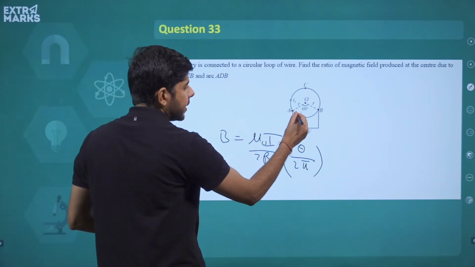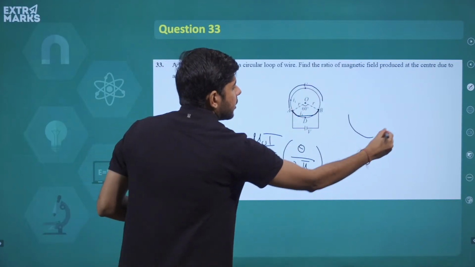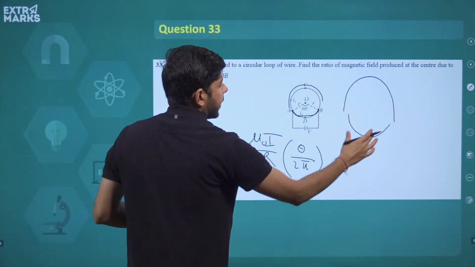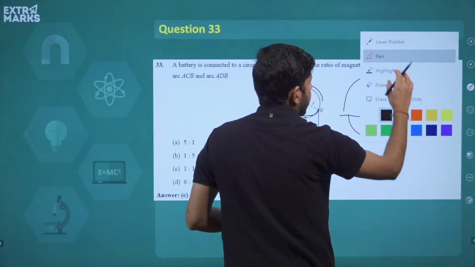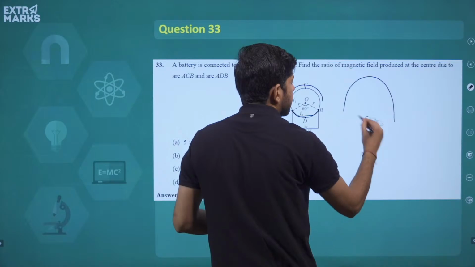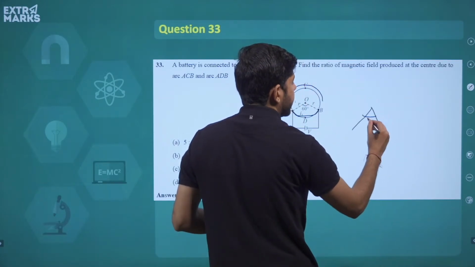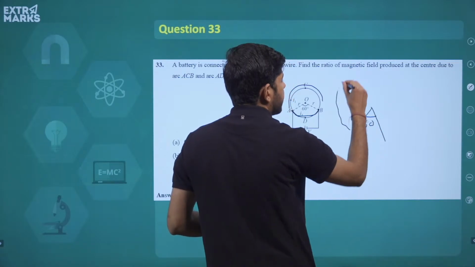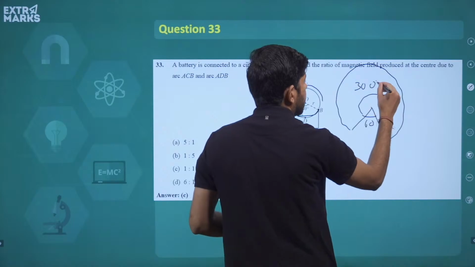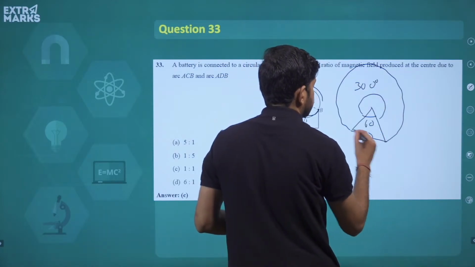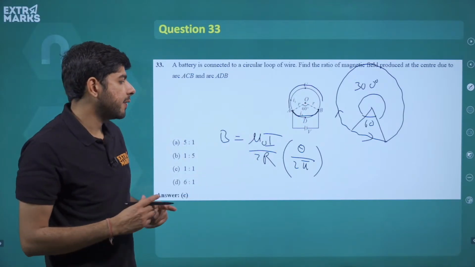There are two parts here, one and second. This is of course smaller, the angle is different here, which is only 60 degree. If I draw it again, this part is smaller, 60 degree, and this part is much larger. What is that? 300 degree. So the angle is 5 times. Angle for the 300 one is 5 times.